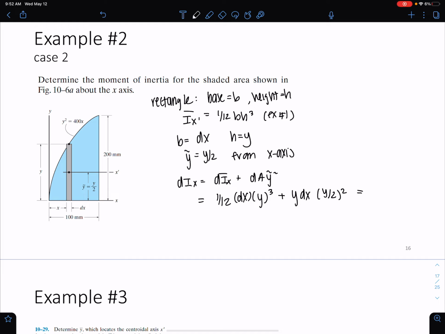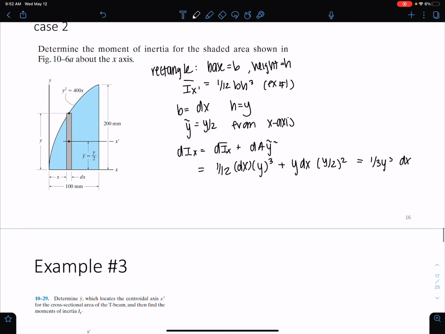And if we simplify this, we get 1 over 3 y cubed dx. This is also a result we got from example 1, right? This is for another axis. So all we have to do now to get our final Ix is the integral of dIx, which is equal to the integral from 0 to 100 of 1/3 y cubed dx.